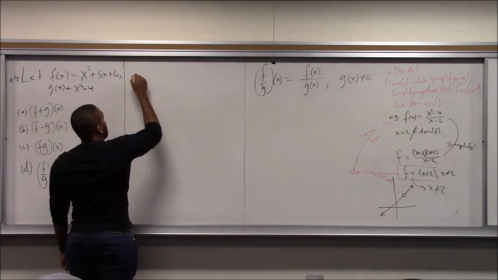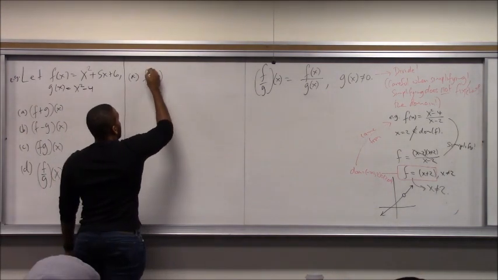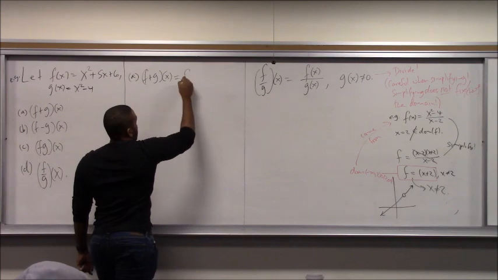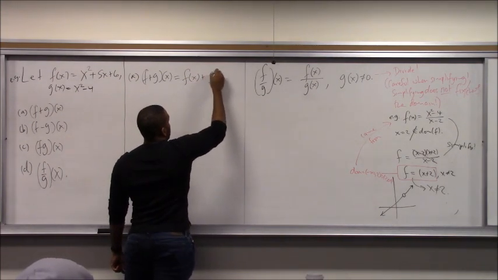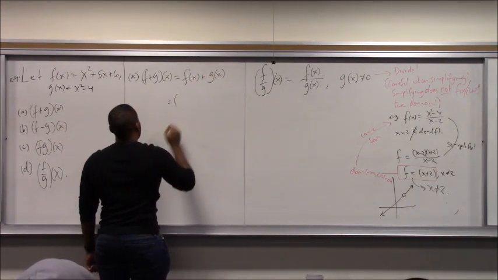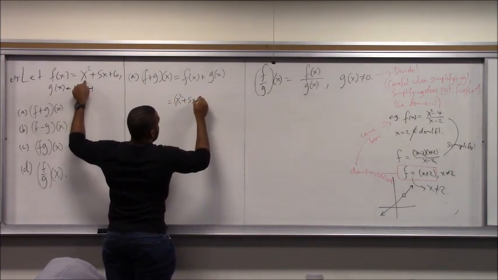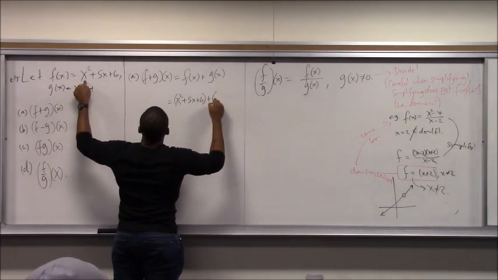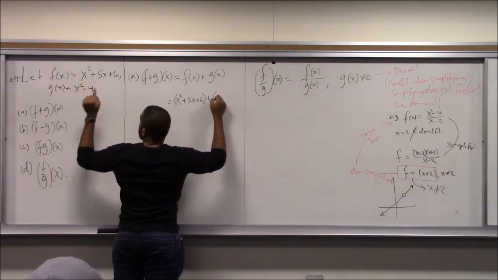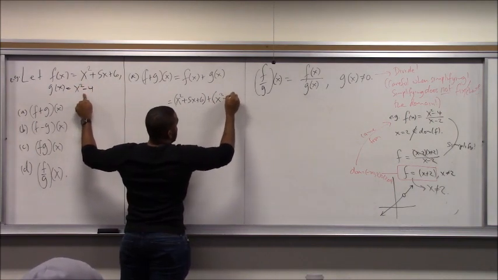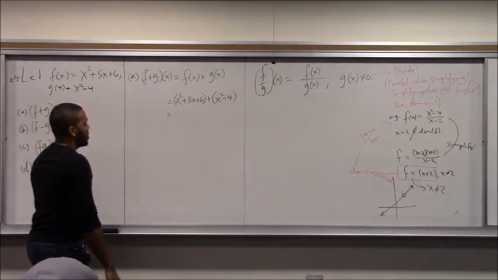Go. We have f plus g of x. Just remember that that is notation for f of x plus g of x. This means I would take the f of x plus the g of x. What does that combine to?